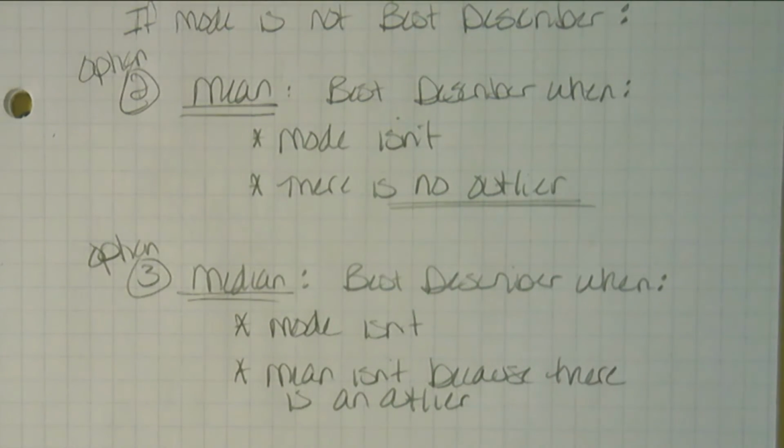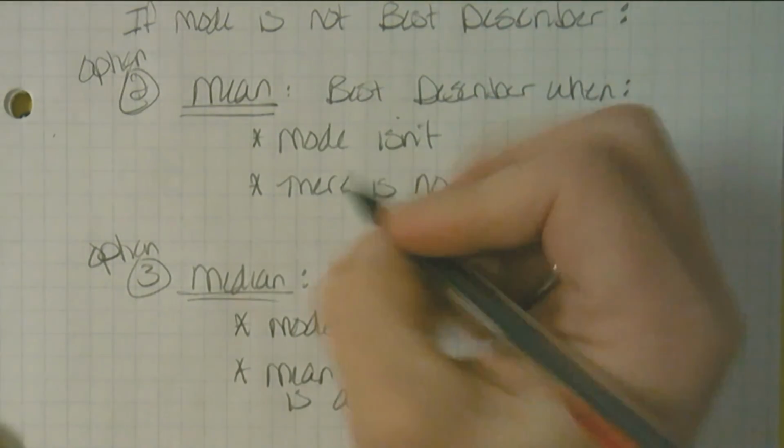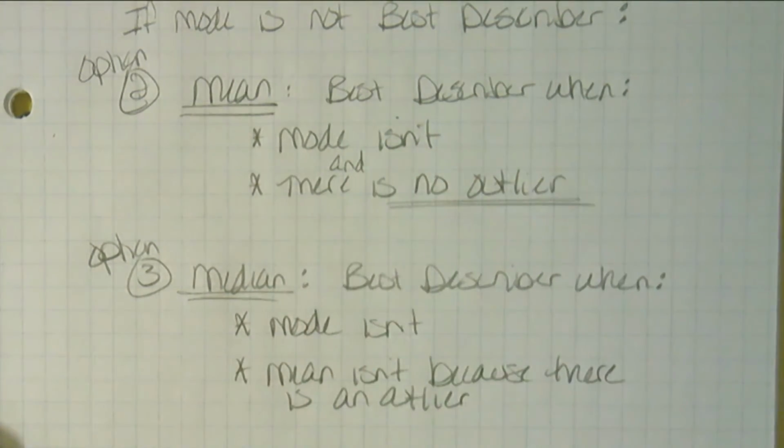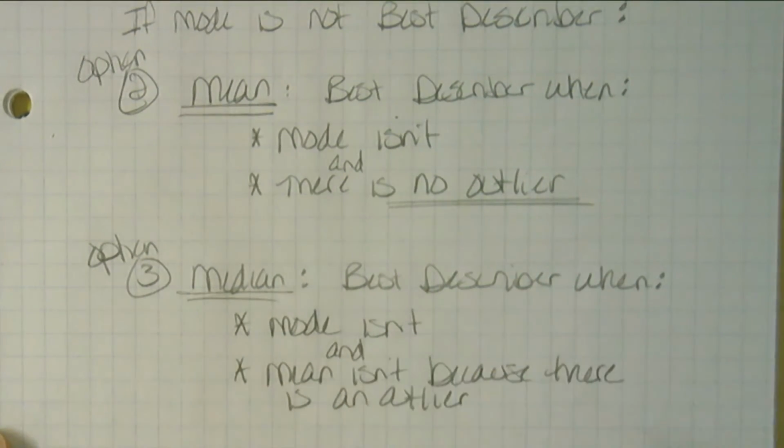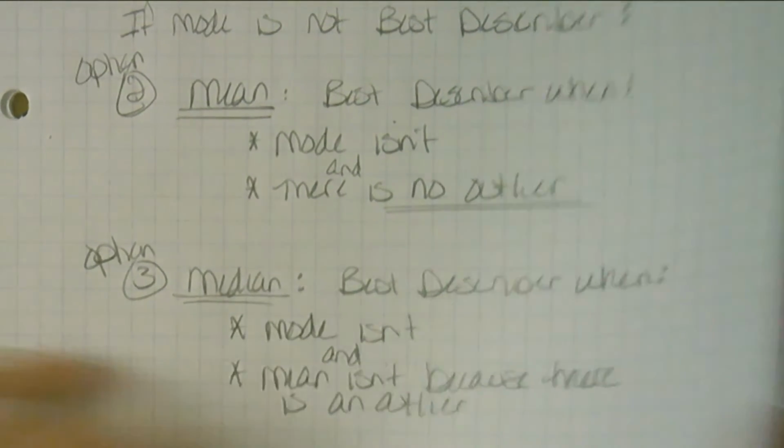So mean is your best describer when mode is not, and there is no outlier. So both of those have to be the case. Median is your best describer when mode isn't and mean isn't, because there is an outlier. All right, so let me give you some data.